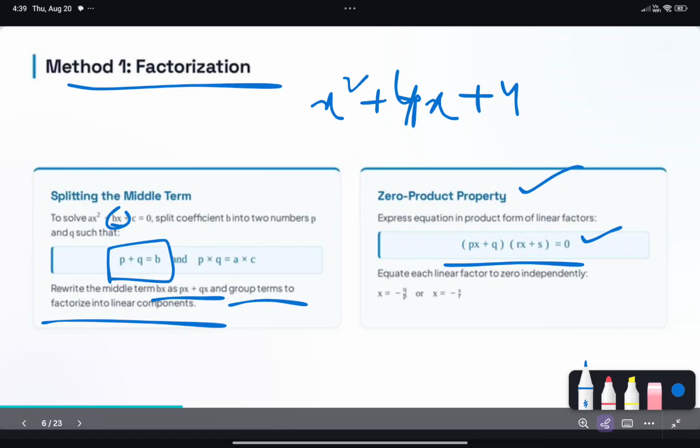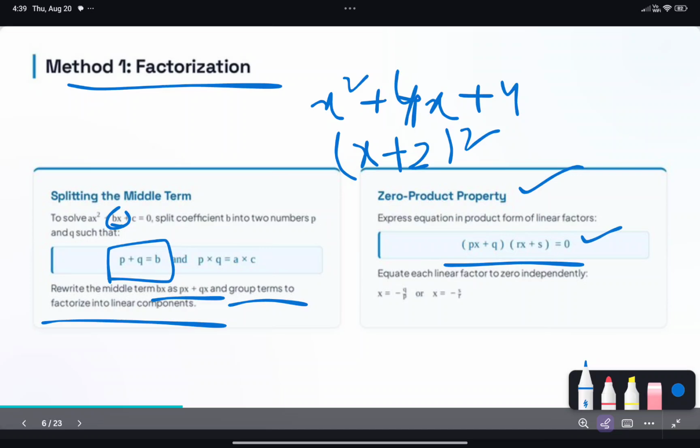Which identity is it? X plus 2 whole square, the a plus b whole square identity.